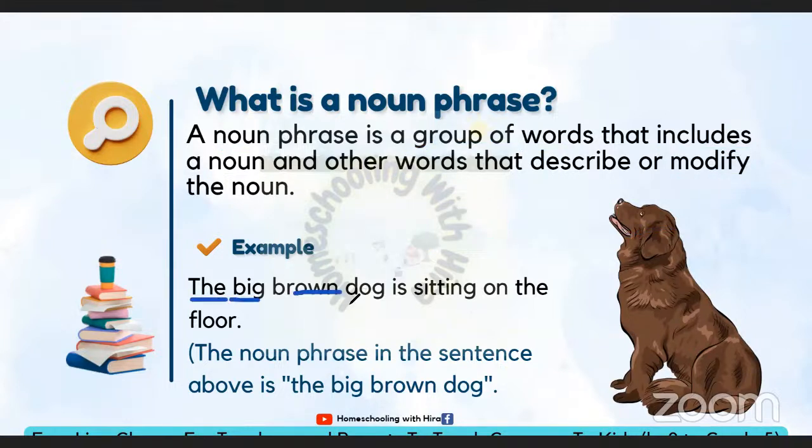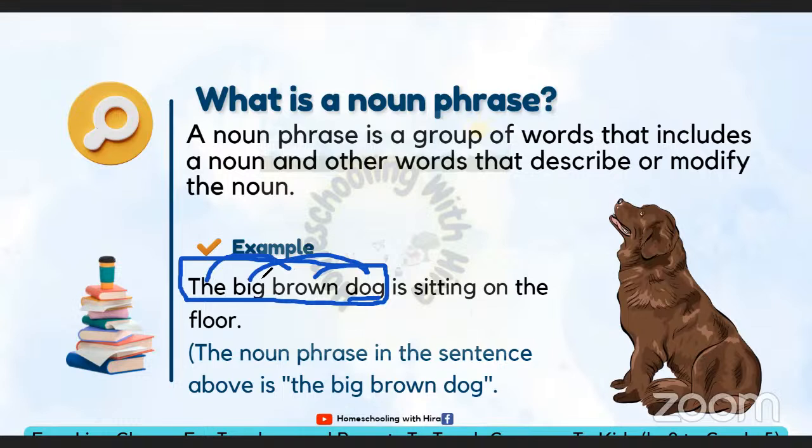The big brown dog is sitting on the floor. Now, where is the noun phrase in this sentence? The big brown dog is sitting on the floor. The noun phrase is this. Because we have dog as a noun, big and brown are giving us information, they are adjectives, and the is a modifier or determiner.